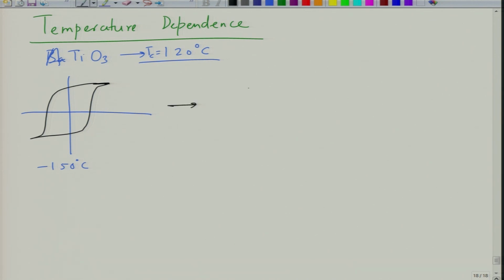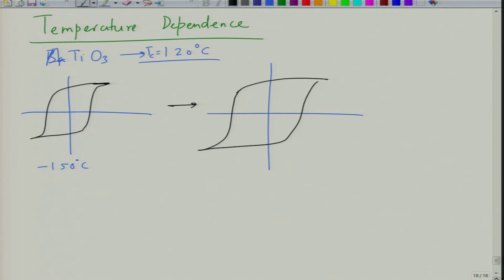As you go to little higher temperature, what will happen? A little higher temperature will lead to slight change in the polarization loop, but nothing significant will happen. Okay. So, you might have some reduction in P because you have gone to little higher temperatures. So, thermal interactions will reduce the P, and as a result the voltage that you may need to apply to align them will also increase.